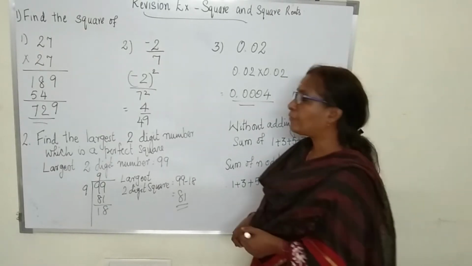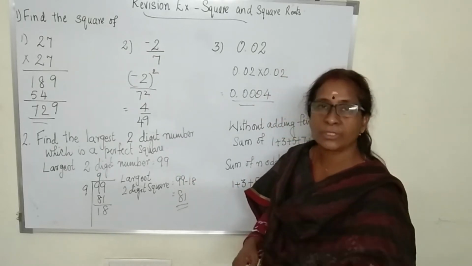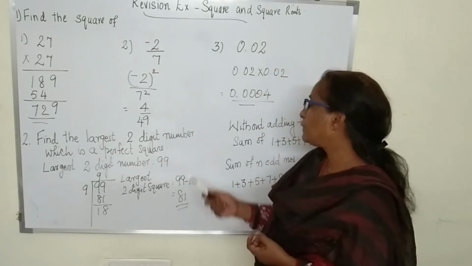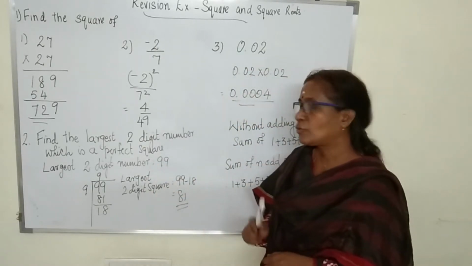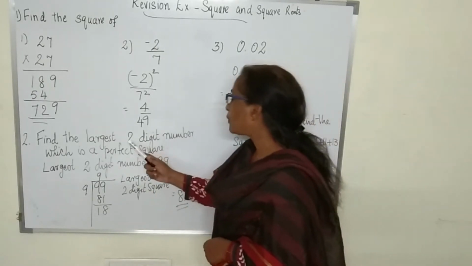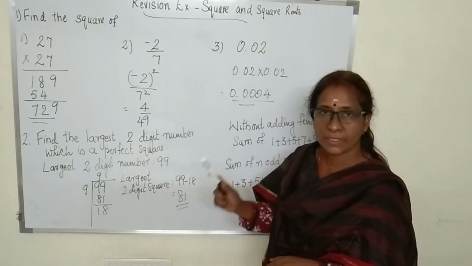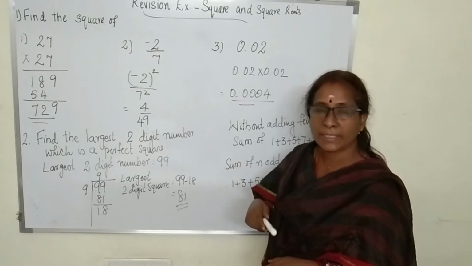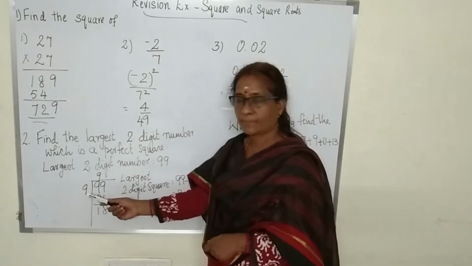Now another type of question usually asked is: find the largest 2-digit or 3-digit or 5-digit number which is a perfect square. So what we have to do, if you are asked to write the largest 2-digit, then first write the largest 2-digit number. And then find the square root of that number.